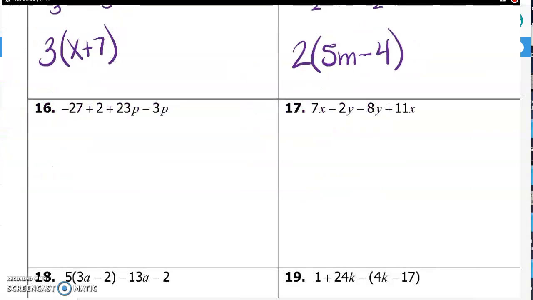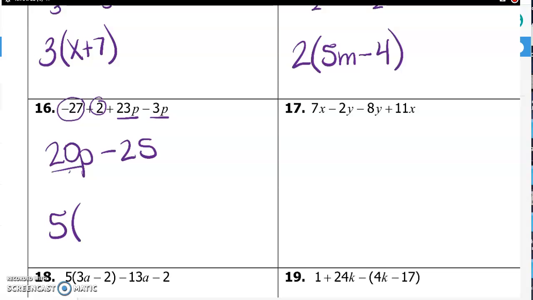16. 23p minus 3p gives me 20p. Negative 27 plus 2 gives me minus 25. So 20p minus 25. So 5 is the number that goes into both of those. So 5 goes on the outside and then the parentheses.